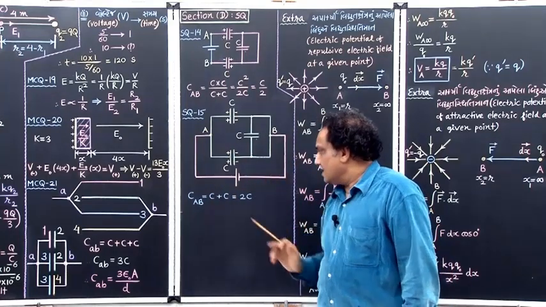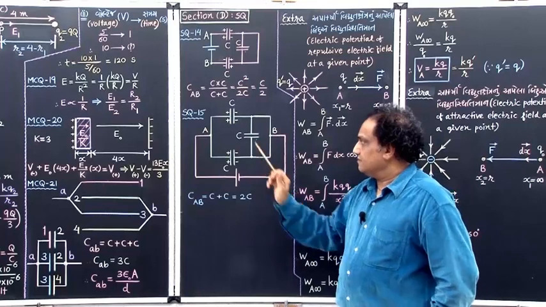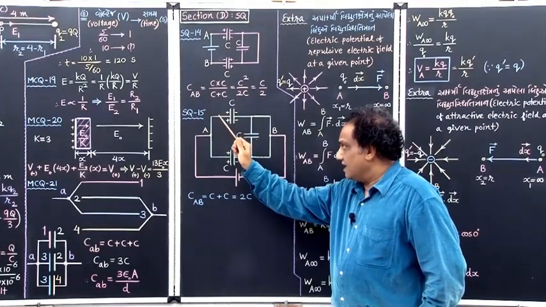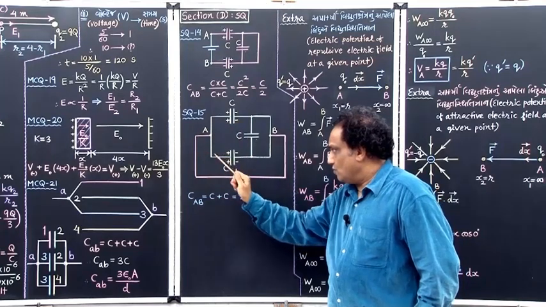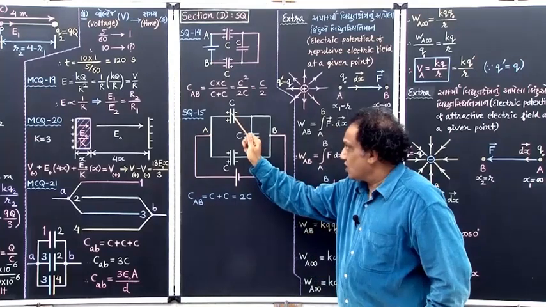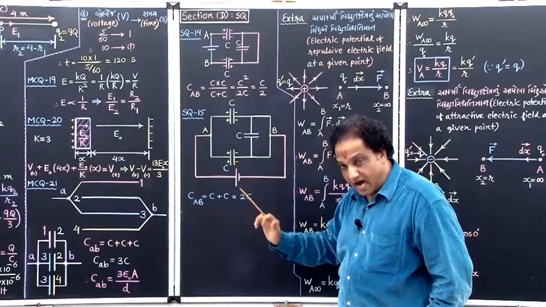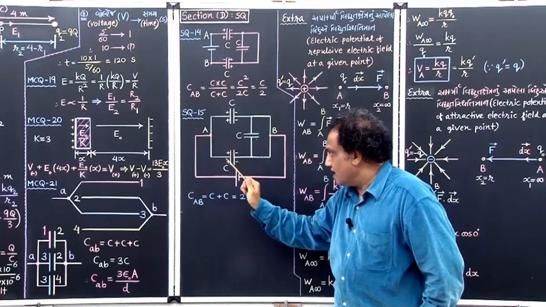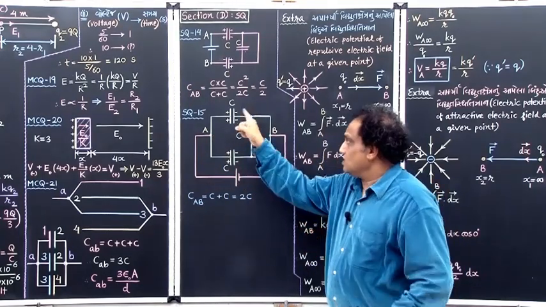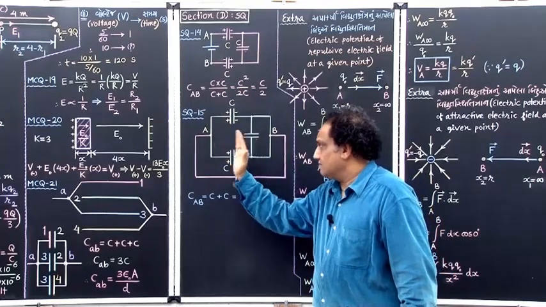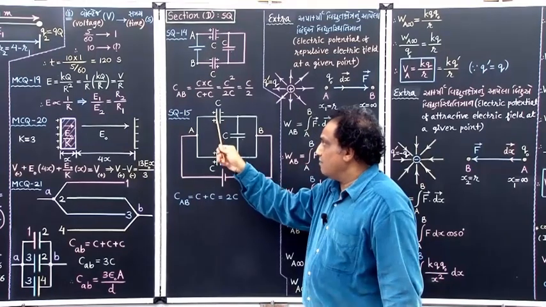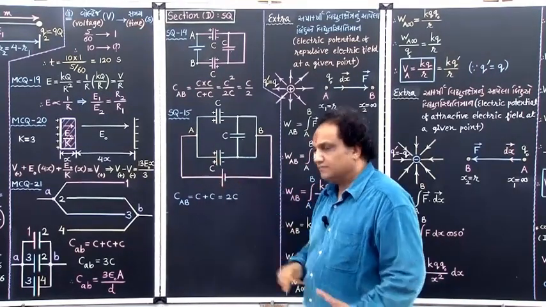Come on. Look, here this plate and this plate are connected to the positive terminal of the battery, and so electrons from these two plates are attracted towards this positive terminal of the battery, and so these two plates will lose the electrons, and that is why after losing negative charge they become positive, correct?